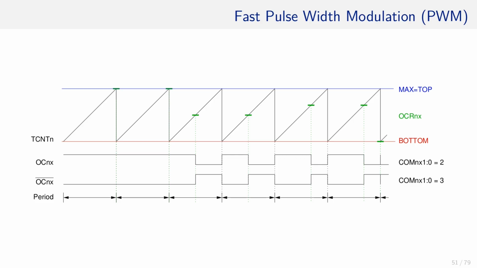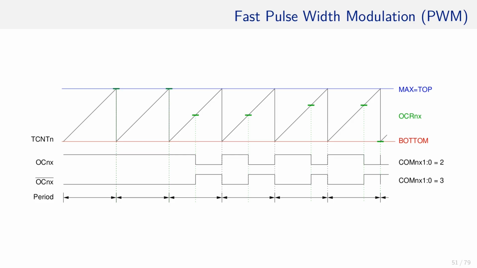As you can see, in this mode the counter counts to top, or max in this case. Again, top can be lower than max, and we are going to talk about that in a second. Instead of the OC pin toggling, there are two different settings for the COMnX bits in the timer configuration register now.